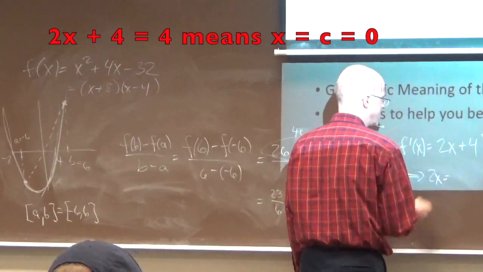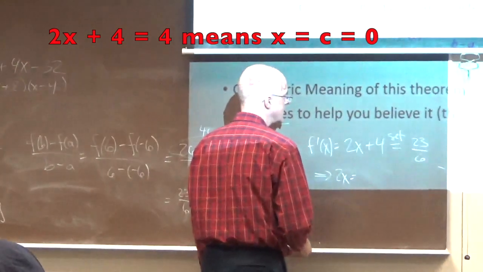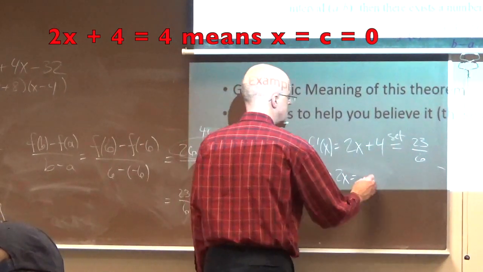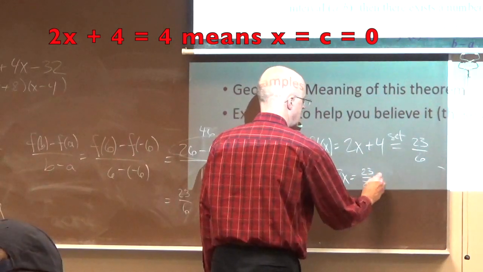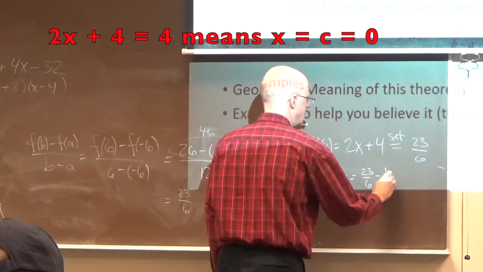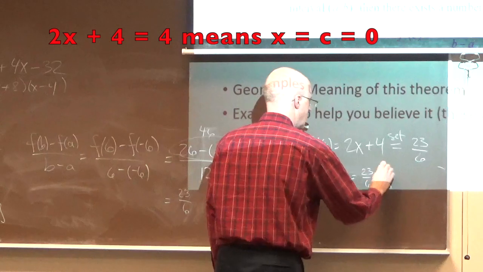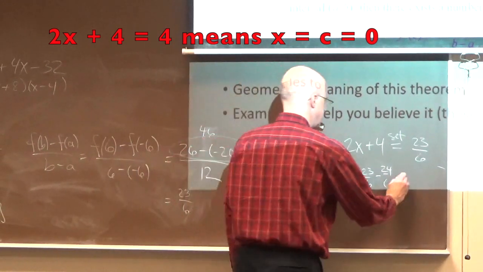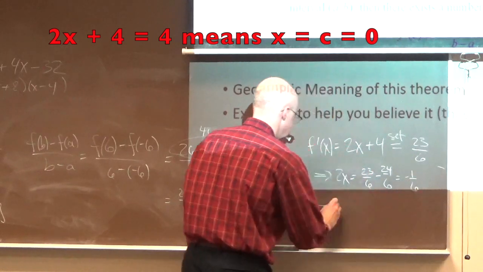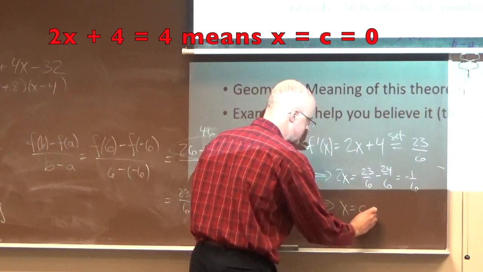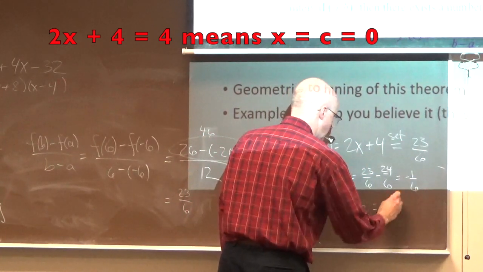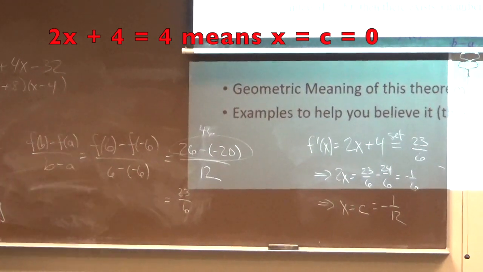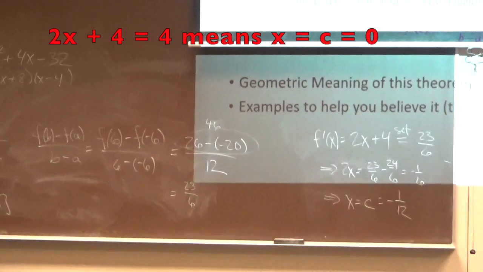2x will be 23 over 6 minus 4. 4 is 24 over 6. Right? And so this will give me negative 1/6. So x, which is going to be really c, is going to be negative 1/12. c is negative 1/12.